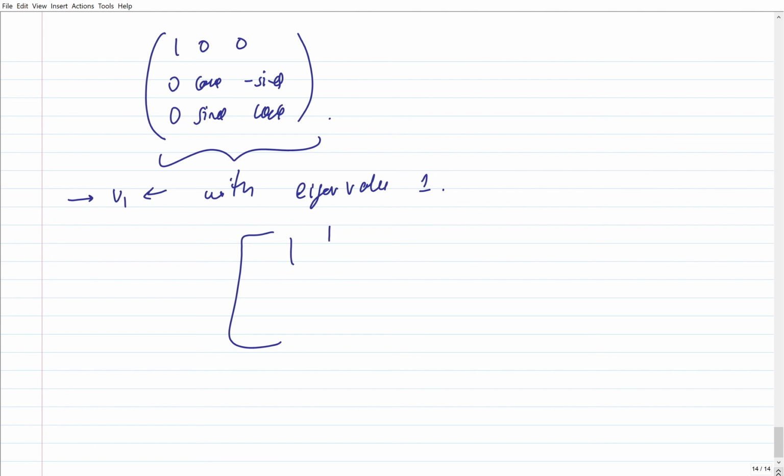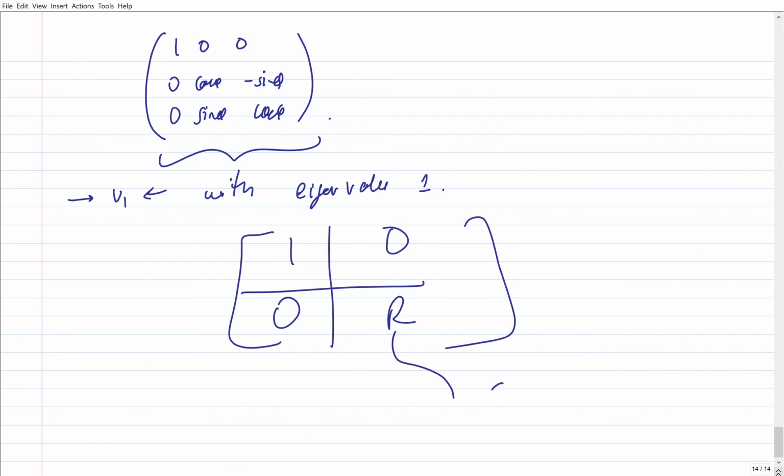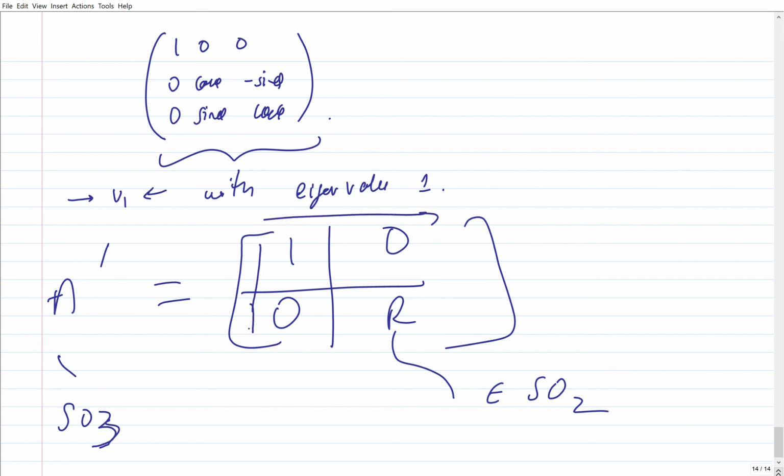So this gets into block form, and this is R, where R is a member of the planar rotations, and A prime is a member of SO3. This would be my eigenvector in some basis which gets fixed if I choose that eigenvector as a basis. So that shows you everything we need over here.